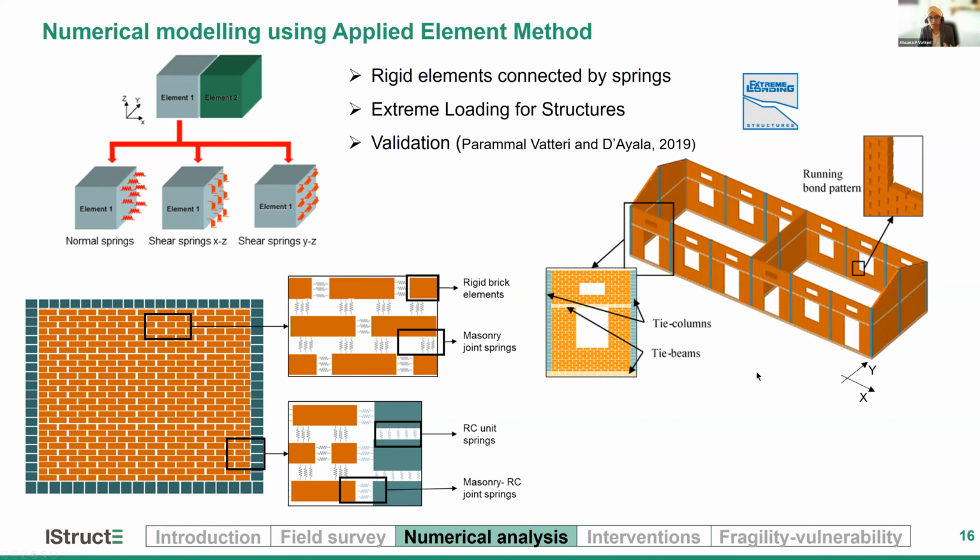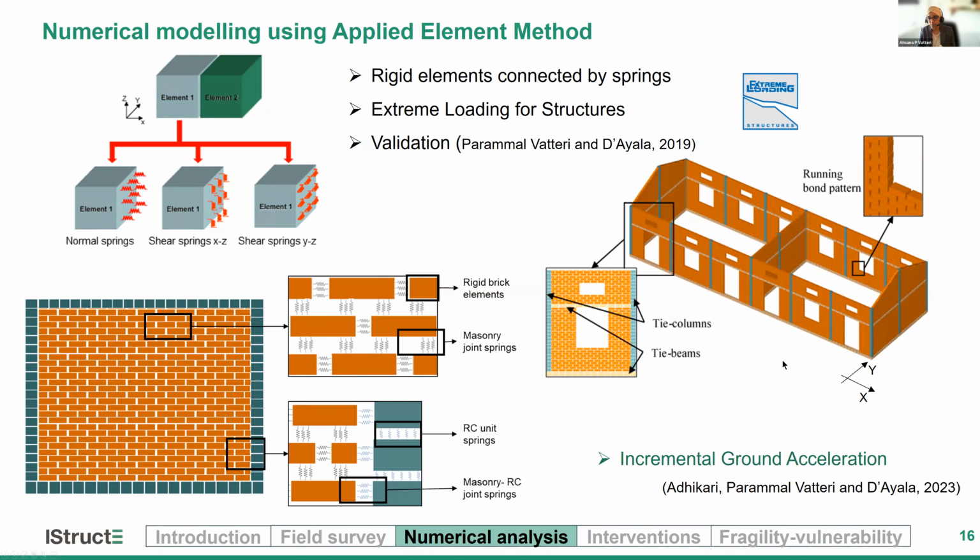And the good thing about the applied element method is that, because we give the springs all the properties of the material, we do not have to predefine a crack or a failure surface. It can automatically generate the cracks wherever the springs exceed the material strength or the strain characteristics given to it.